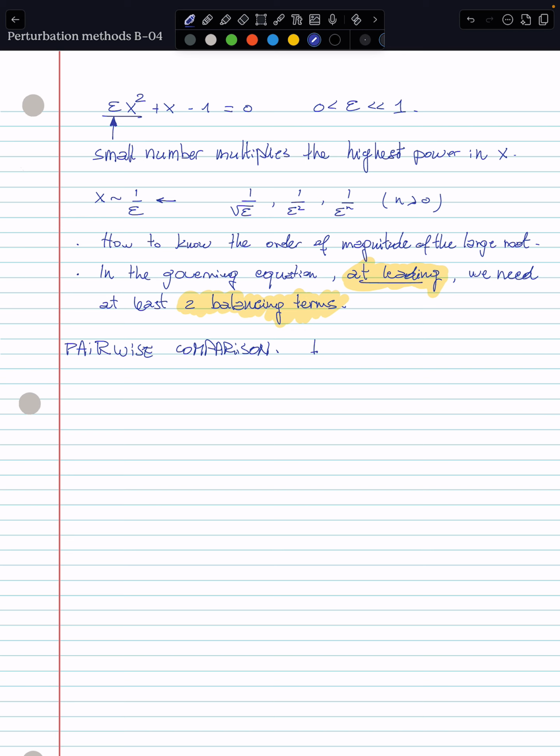It consists in identifying the two terms that balance each other, or more, that balance each other at leading order.